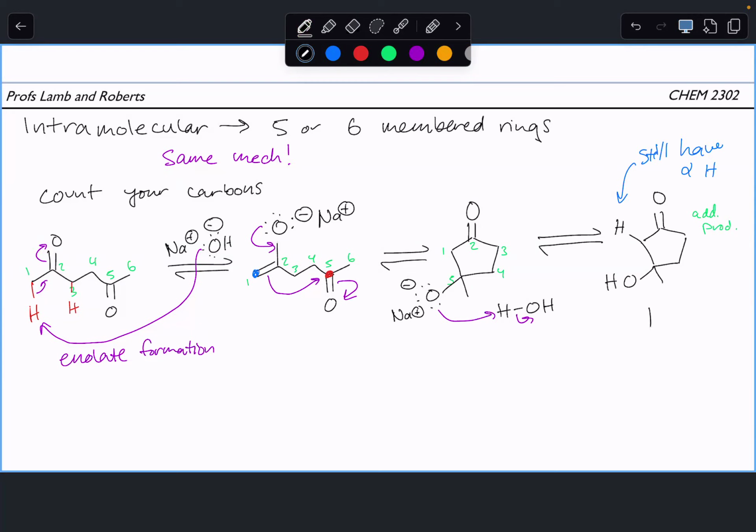We still have base around. So our OH minus is going to grab that alpha proton to reform our enolate, but now we're in a weird 5-membered ring, but it's not different.